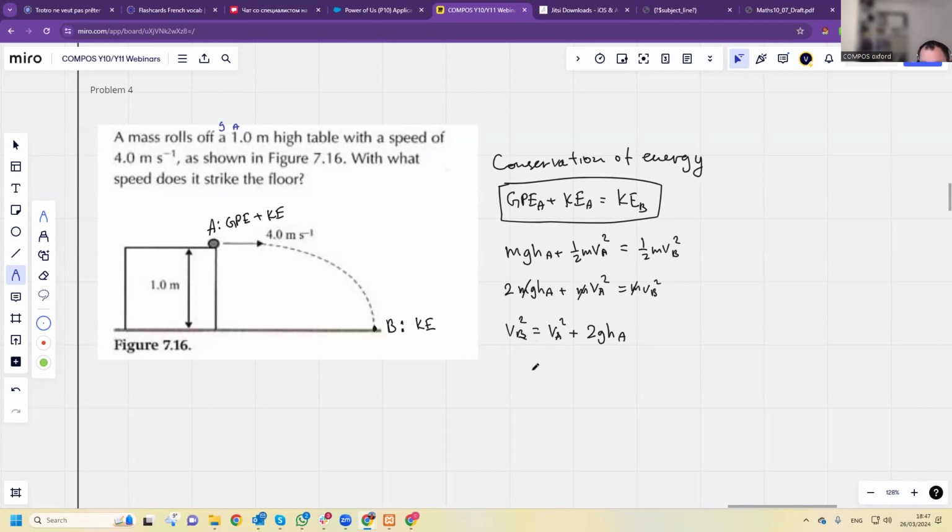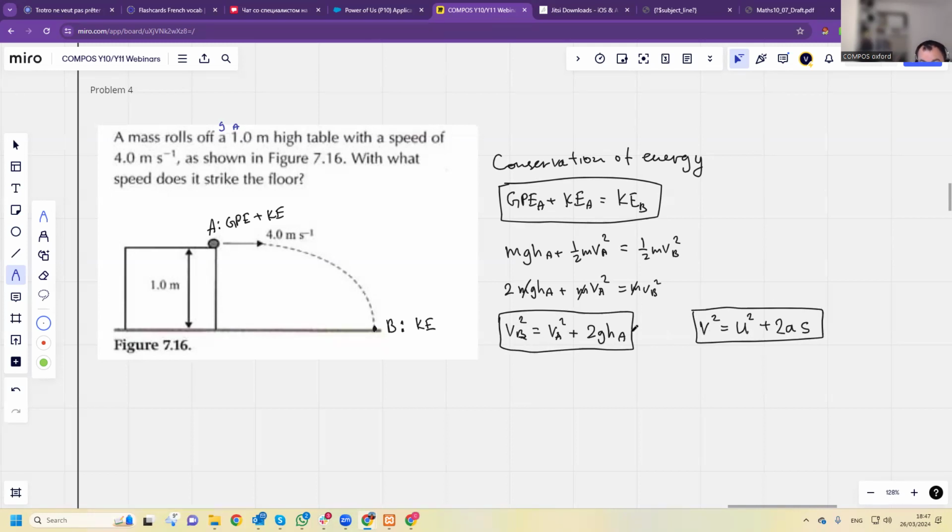This looks awfully familiar. What does it remind you of? Some GCSE formula, no? Are you familiar with this formula? It's one of the Suvat equations.